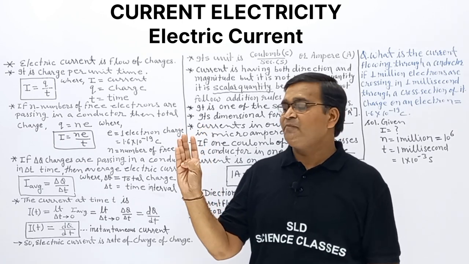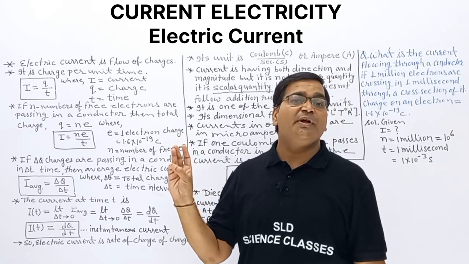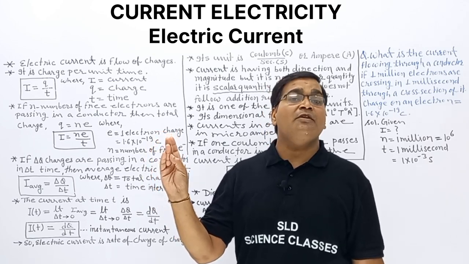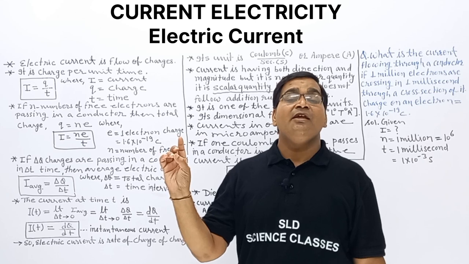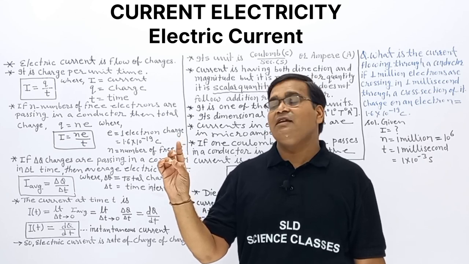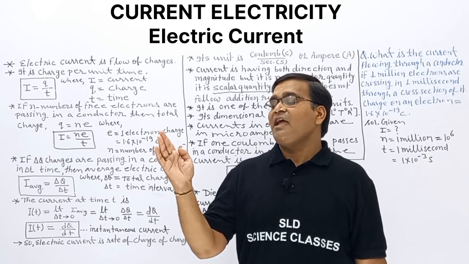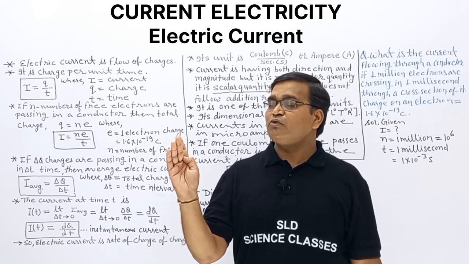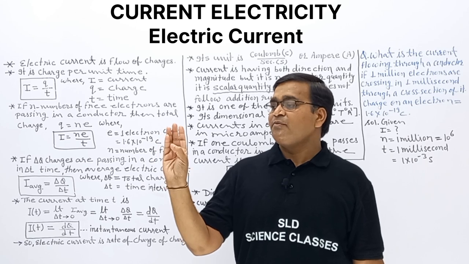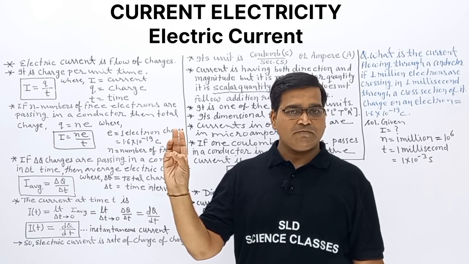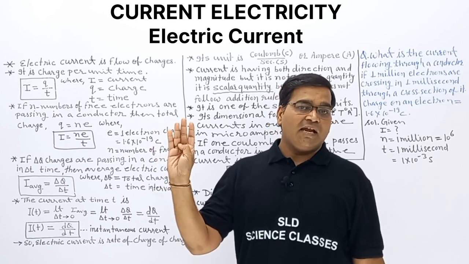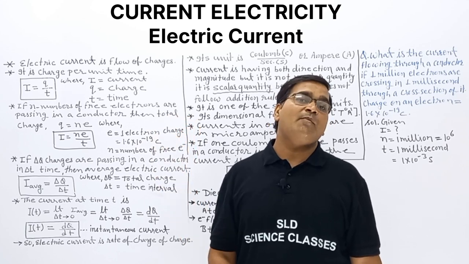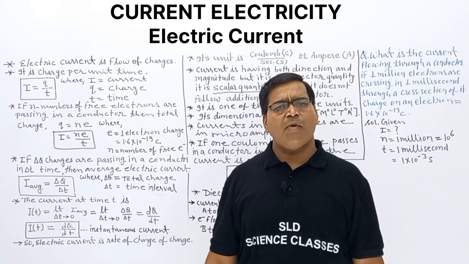First one is length, second is mass, third is time, fourth is electric current, fifth is temperature, then luminous intensity, and the seventh one is amount of substance, or we can say amount of matter.